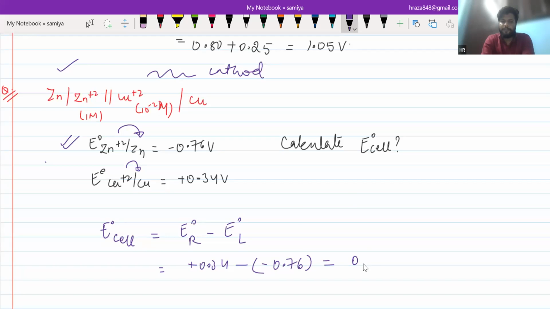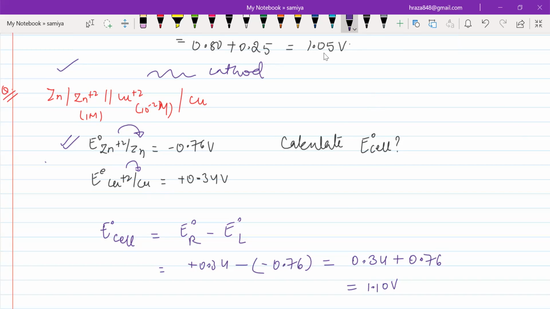So it will be 0.34 plus 0.76, it will be 1.10 volt. Oh, yes, I took minus 0.74.